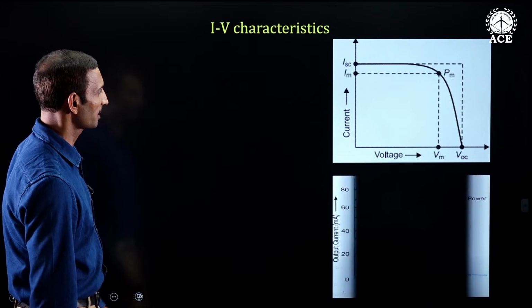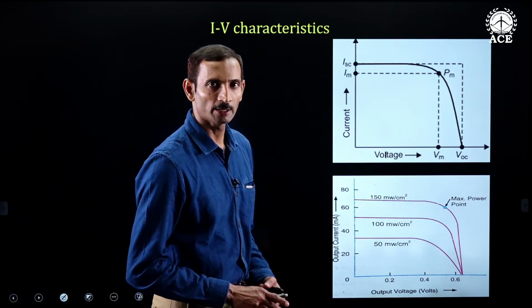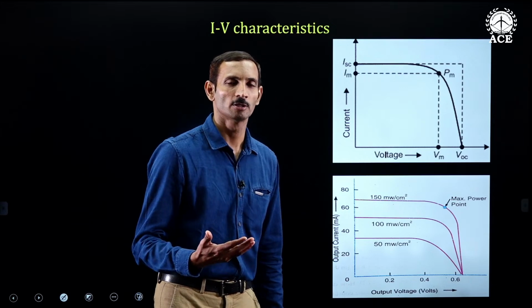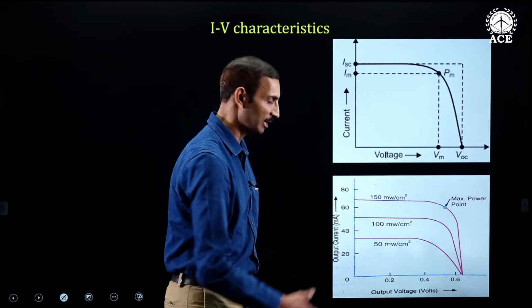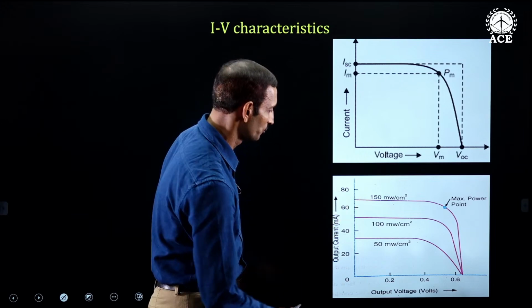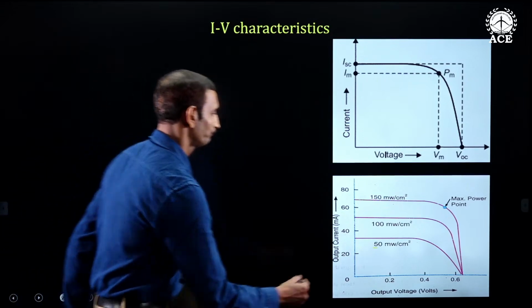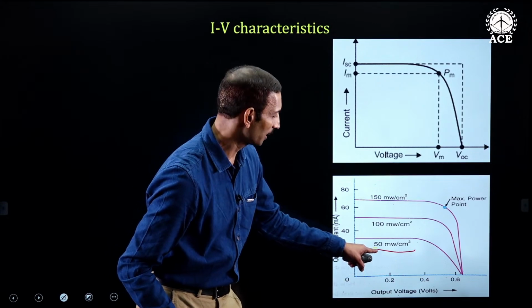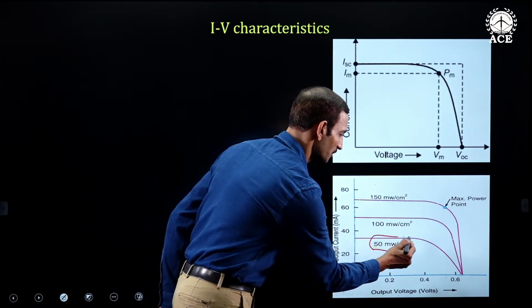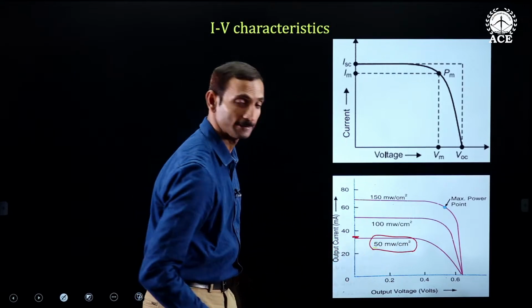Okay, so these are the IV characteristics. Now it's quite evident that if you increase the number of photons, more electron hole pairs are generated, and the current will be higher. This can be given by means of this graph. Just observe the values of the optical power, that means the light intensity. For 50, this is the value of ISC.